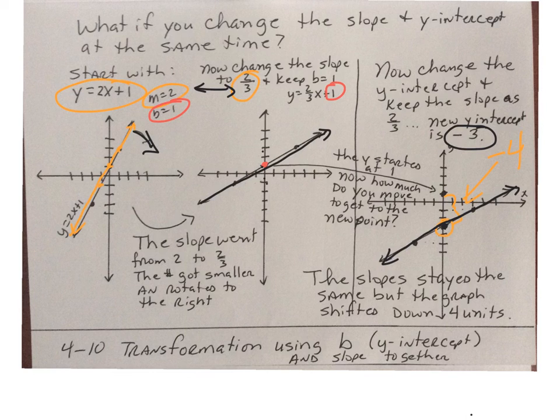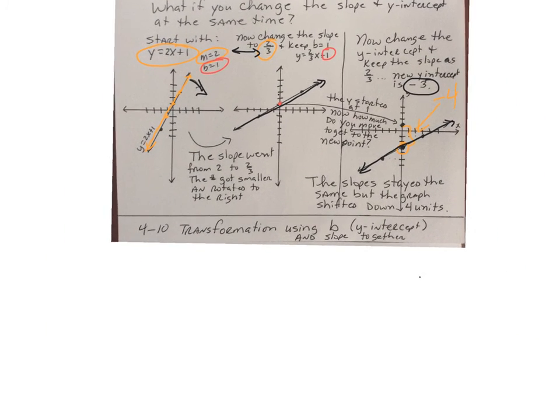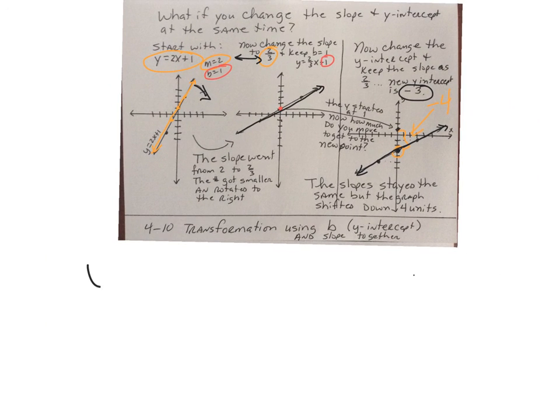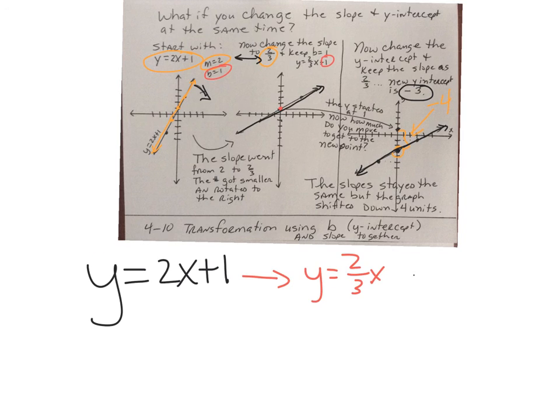So what I ended up doing, I technically started, let me show you, I technically started with y equals 2x plus 1. I then shifted to y equals 2/3 x plus 1. Notice I only changed the slopes, and then finally ended up at y equals 2/3 x minus 3.